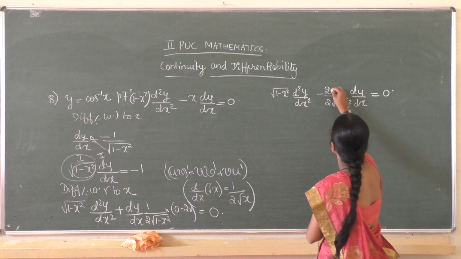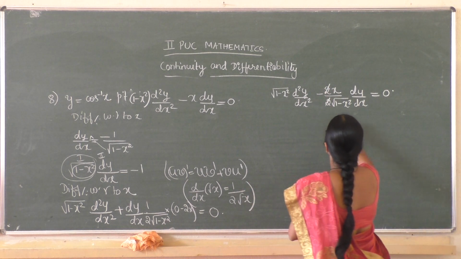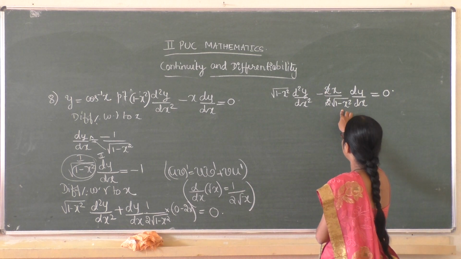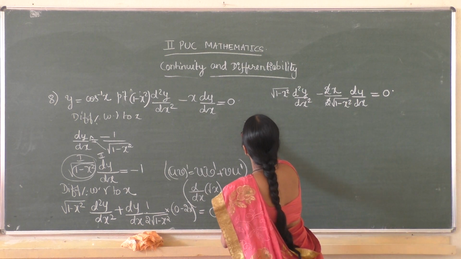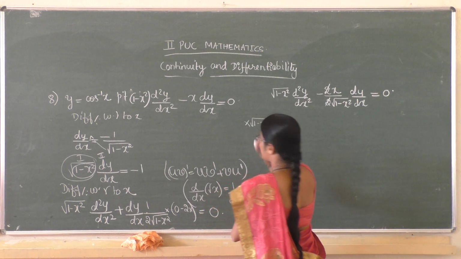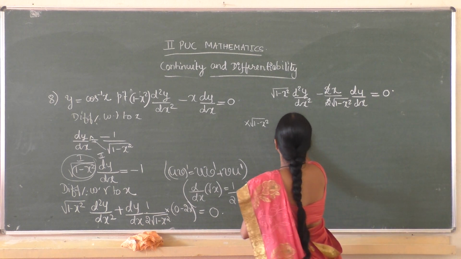Okay. So here 2 and 2 cancels. Here we have in the denominator root of 1 minus x square, so we multiply by root of 1 minus x square. What we get?